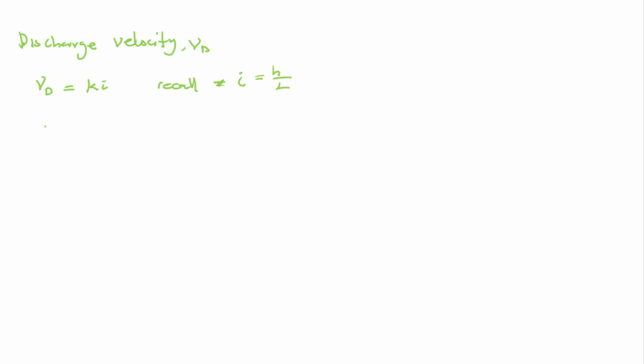So now our Vd equals K times H over L, which equals 3.174 times 10 raised to power minus 3 times the value of H, which is 60, over the value of L, which is 20, and we obtain our value to be 9.52 times 10 raised to power minus 3 cm per second.